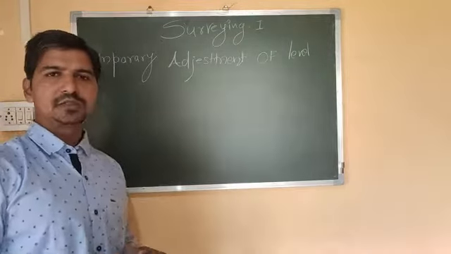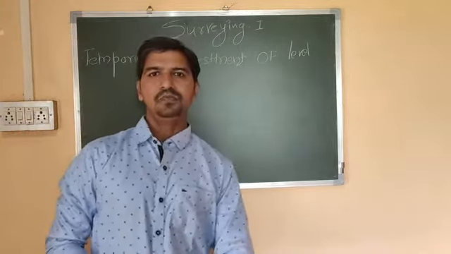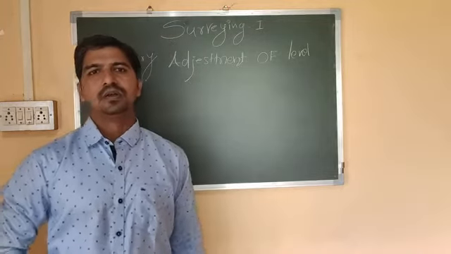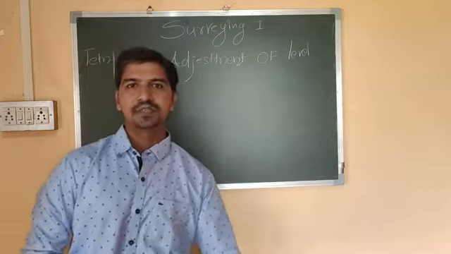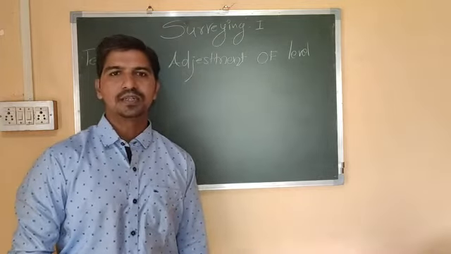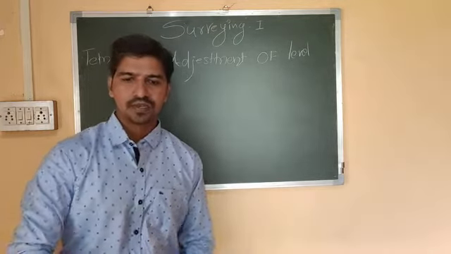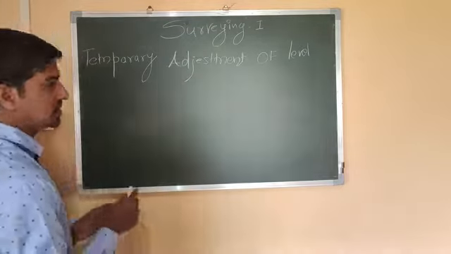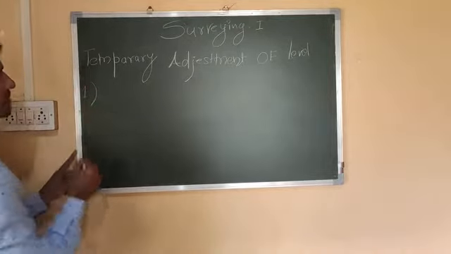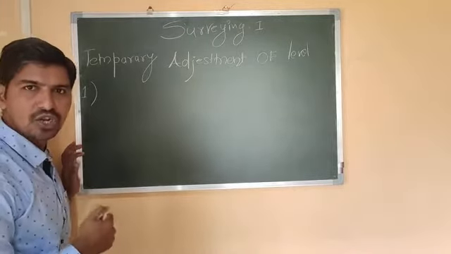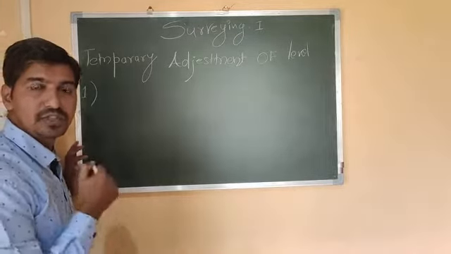Now in temporary adjustment of a level, we are having 6 basic steps. So let us list out those 6 steps. First one is selection of the instrument station.